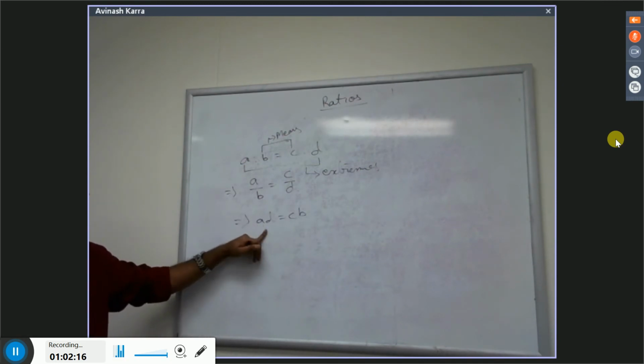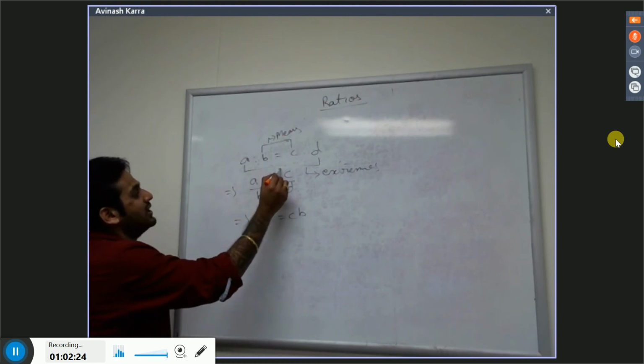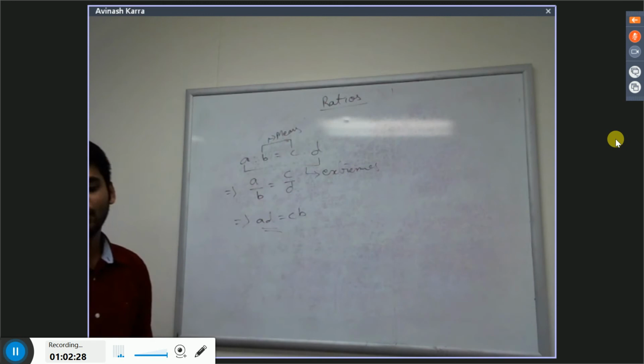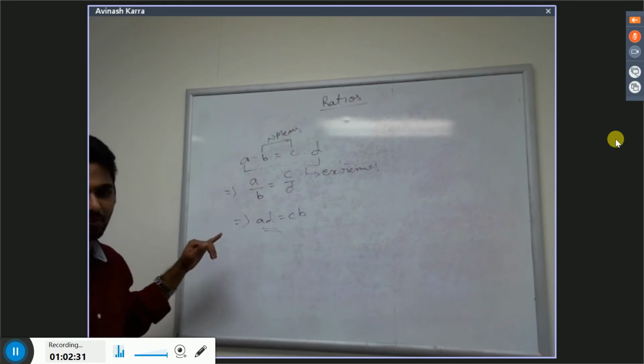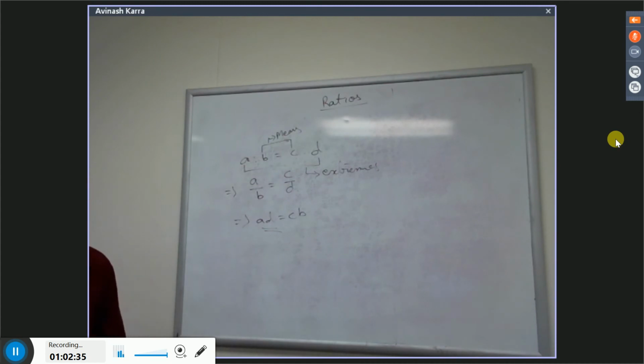When two ratios are proportional, proportional is nothing but equal. This is one of the most important formulas in ratios. It is the most basic formula, which helps you do a lot of problems.